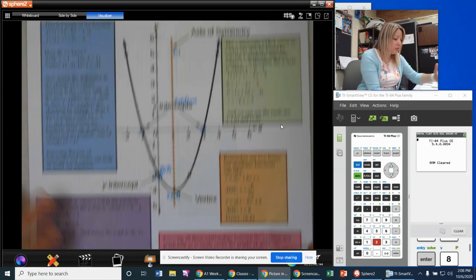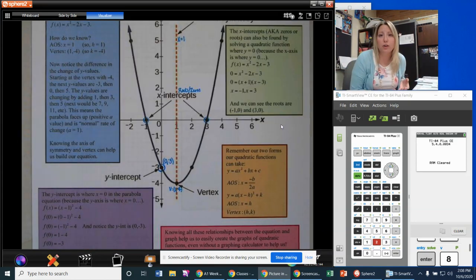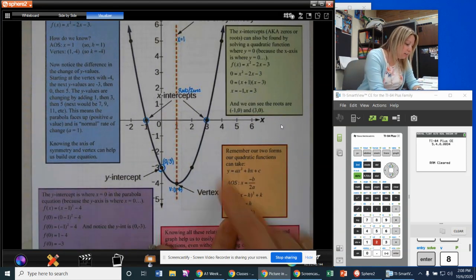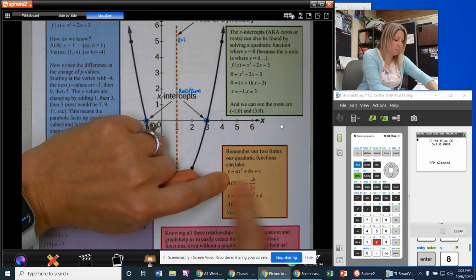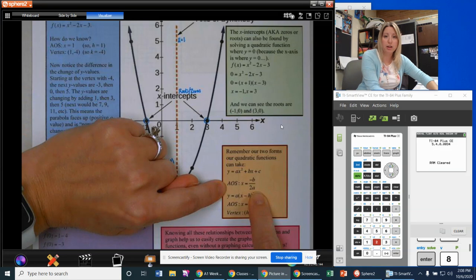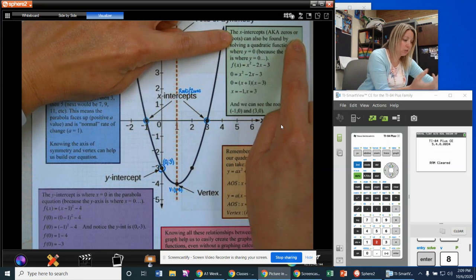Now, this is a good reference of all the things we've already discussed about each of these pieces. For example, to find the axis of symmetry in standard form of your quadratic, you use x equals -b over 2a and plug those values in. X-intercepts are the zeros or the roots.